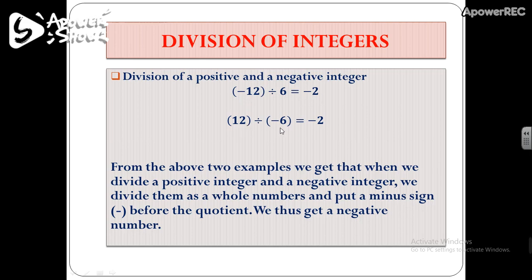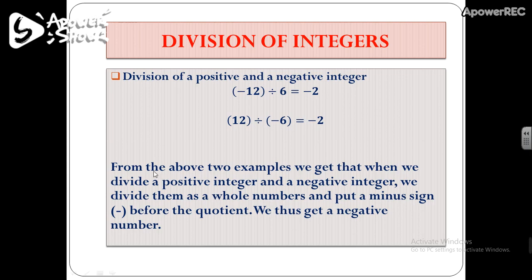Similarly, in the second one we just divide 12 by 6. So 12 divided by 6 equals 2, and then we just put this negative sign here. So just like multiplication, here we are dividing these numbers as whole numbers, and then we are just putting the minus sign with the result.